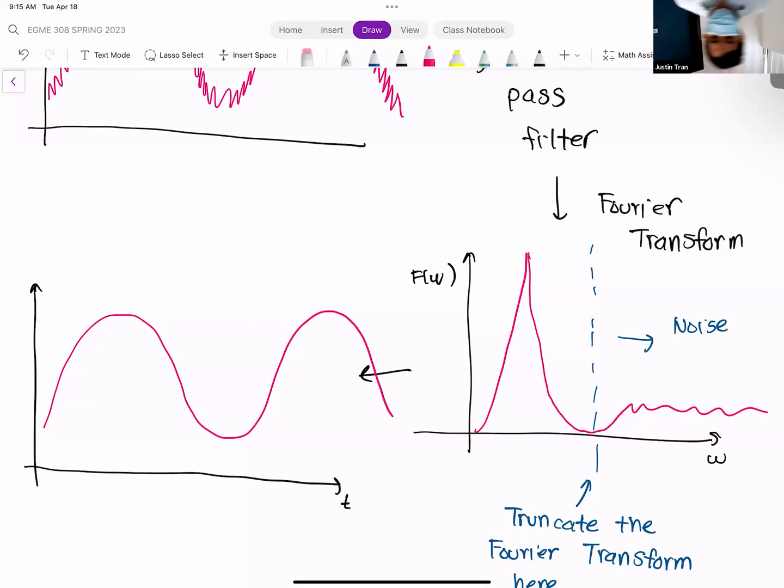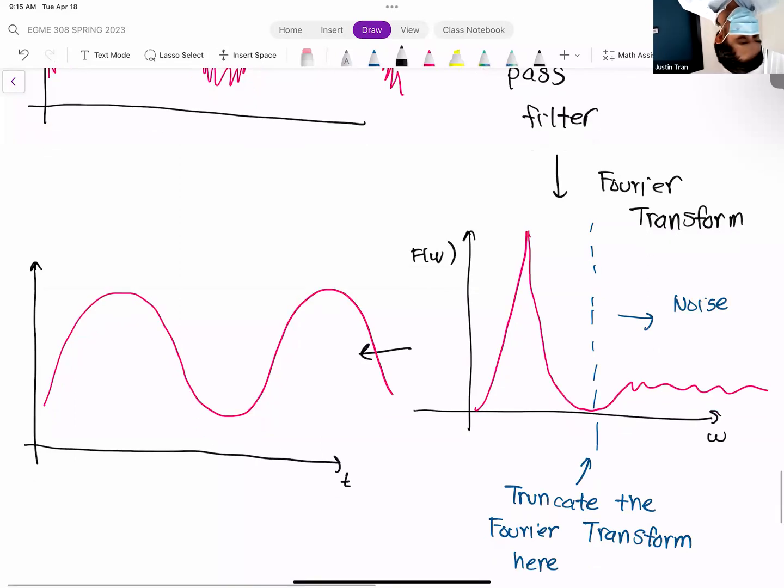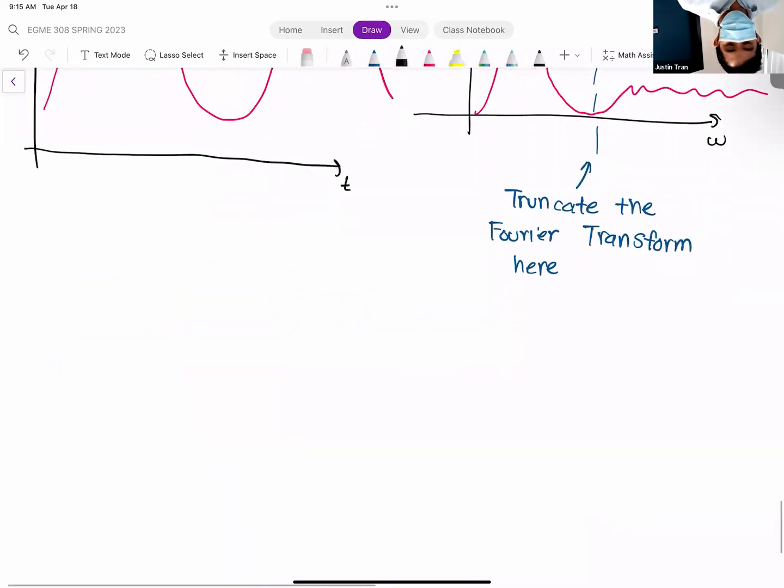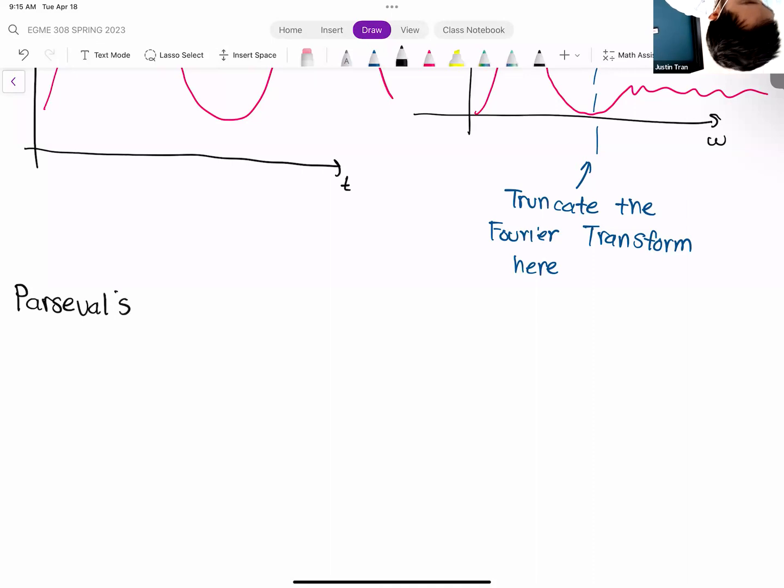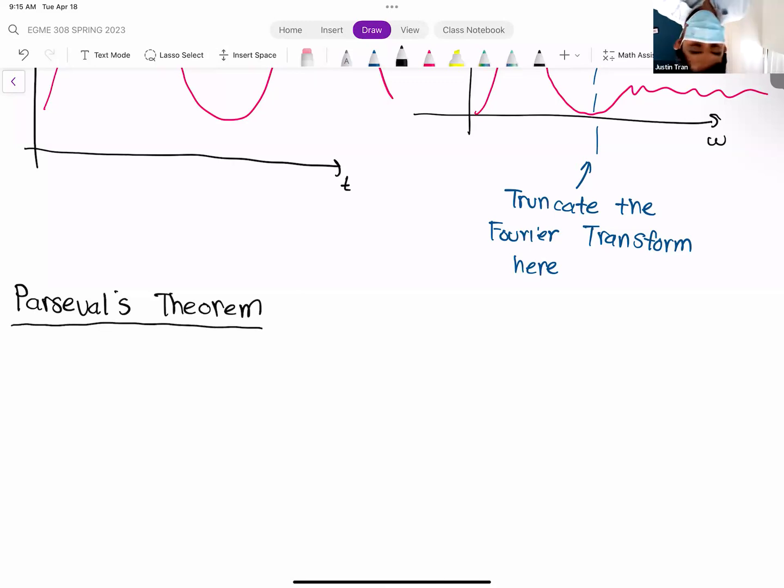Okay. The last piece of theory that we're going to cover with regards to Fourier is the idea of Parseval's theorem. It leads directly off the idea of truncation.